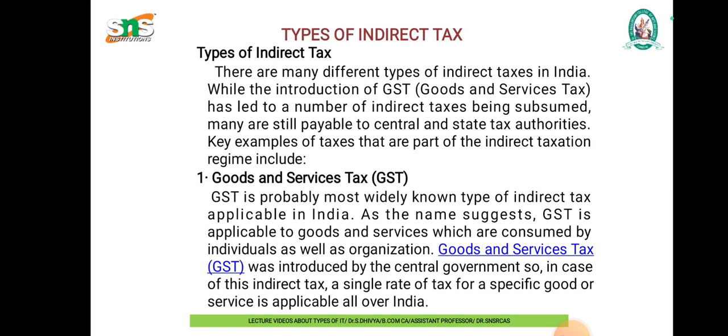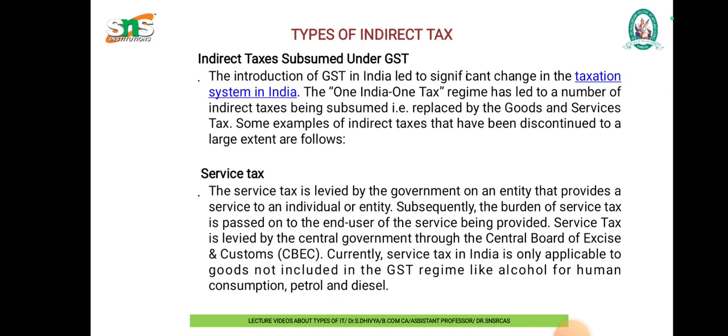As the name suggests, GST is applicable to goods and services which are consumed by individuals as well as organizations. It was introduced by the central government. The introduction of GST in India led to significant changes in the taxation system. The One India, One Tax regime has led to a number of indirect taxes being submerged. GST has replaced so many indirect taxes.